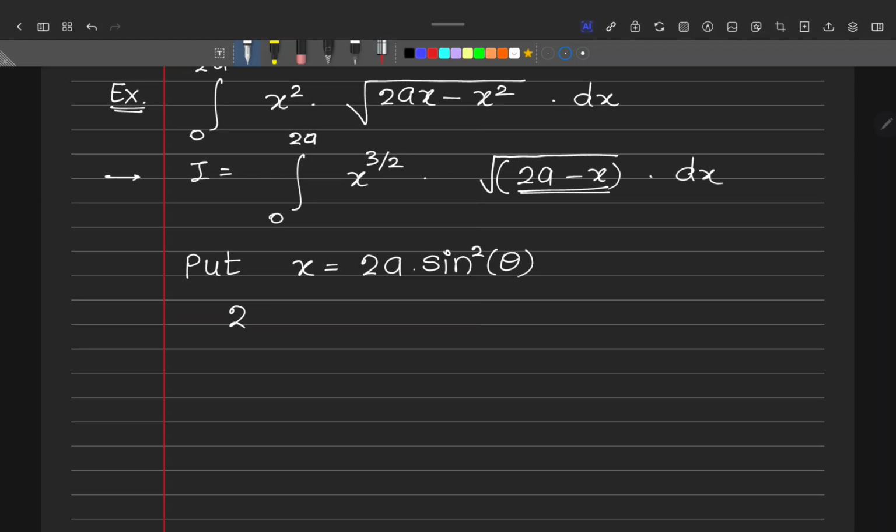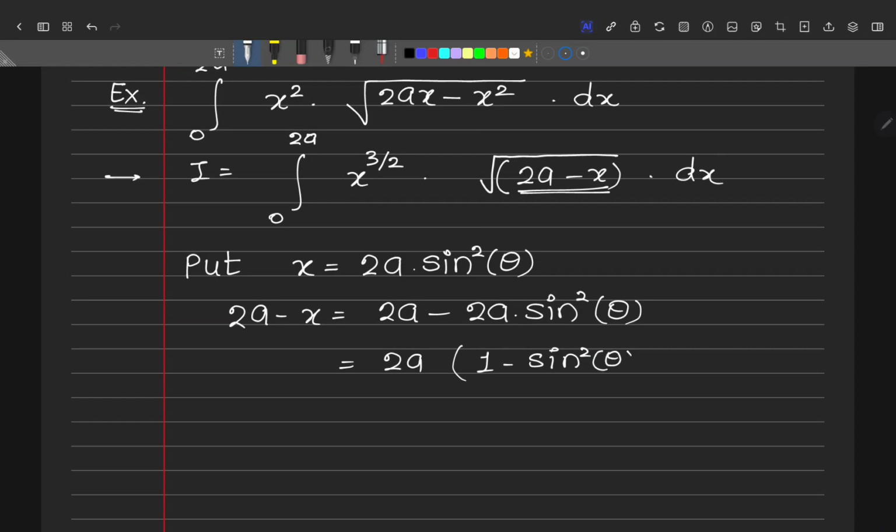So check, in 2a minus x, we substitute x equal to 2a sine square theta. Then by taking that 2a common, we get 1 minus sine square theta inside the bracket, which implies the value of this term will be 2a cos square theta.